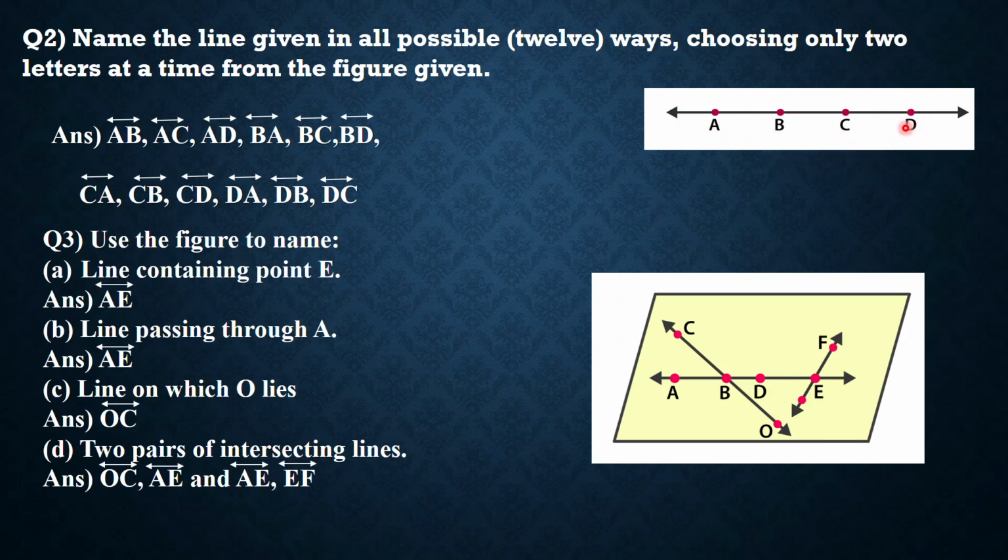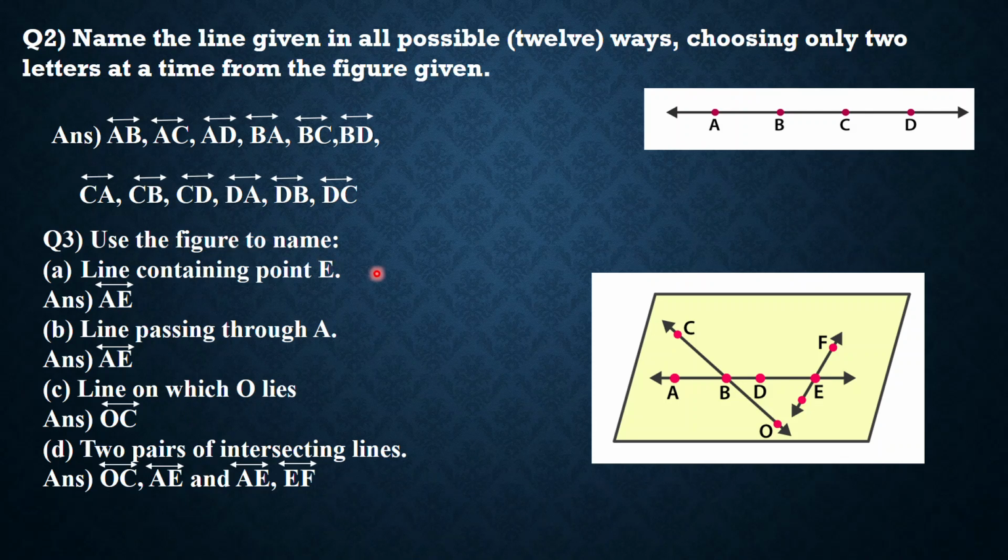That is what we have named here, and we must write the line symbol whenever we are writing. So: AB, AC, AD, BA, BC, BD, CA, CB, CD, DA, DB, DC. Okay, so next, use the figure to name.